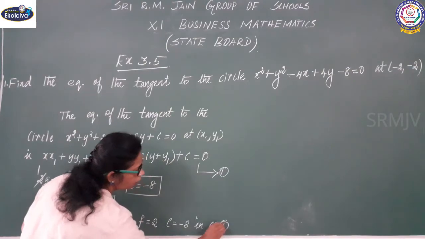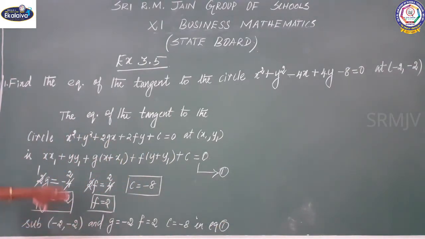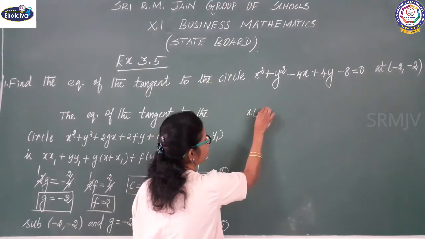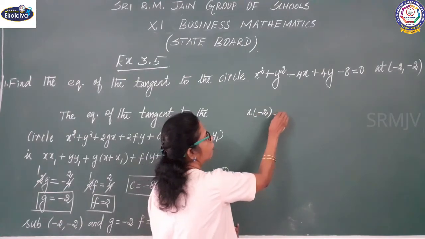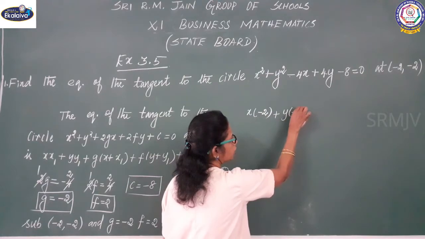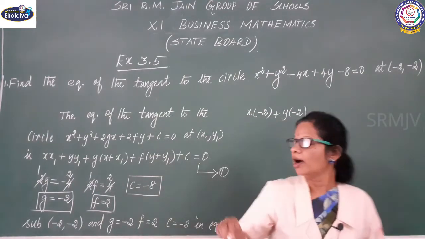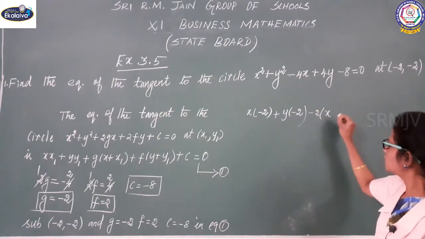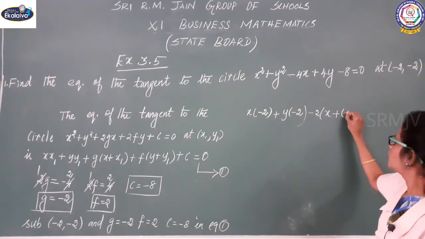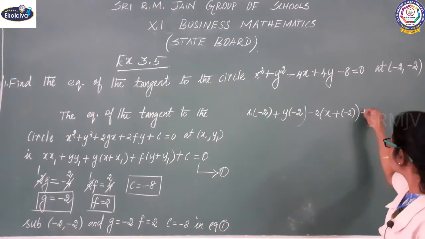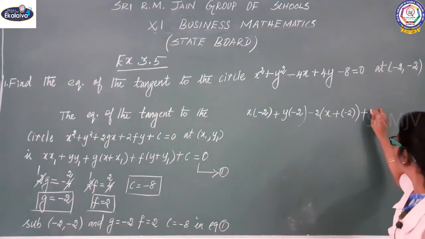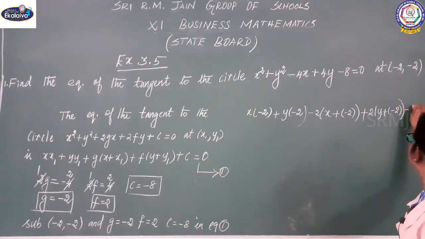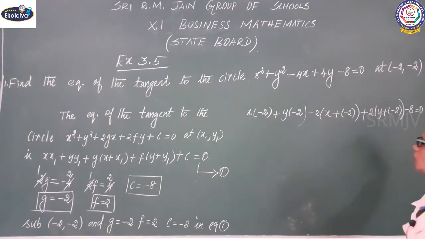In equation number 1 you know all the values, simply substitute in 1 and you will get the result. x into x1, x1 is replaced by minus 2, plus y into y1, that is also replaced by minus 2. g value you know, that is minus 2, into (x plus x1, which is minus 2), plus f value is 2, into (y plus minus 2). c value is minus 8 equal to 0, right?